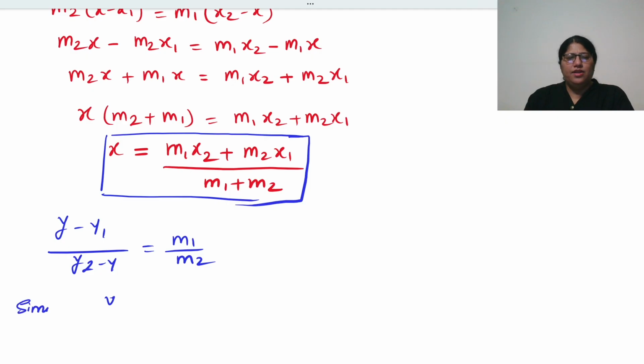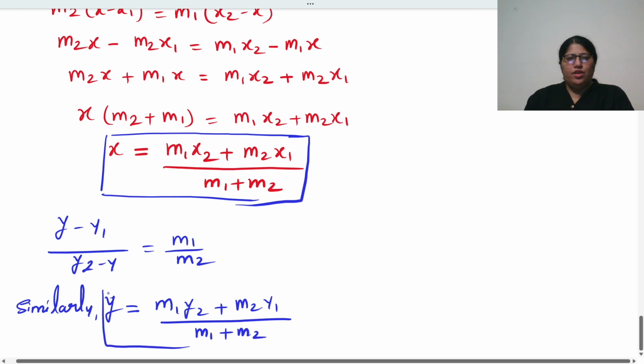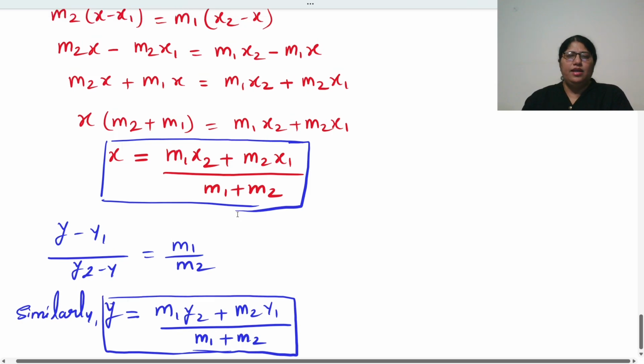I'm just writing similarly because you don't need the derivation of this formula, right? So what are we going to get? Y is equal to m1 y2 plus m2 y1 by m1 plus m2. So this is the y coordinate of your point P, which is dividing AB internally, right?